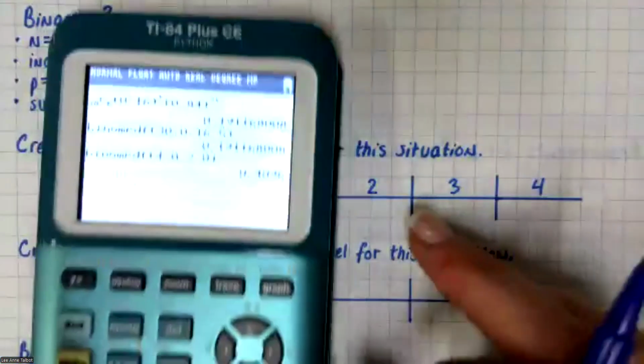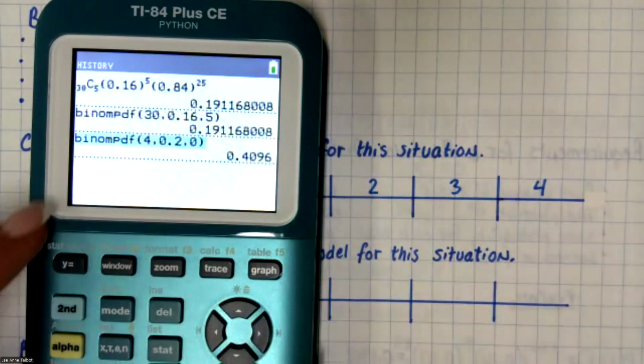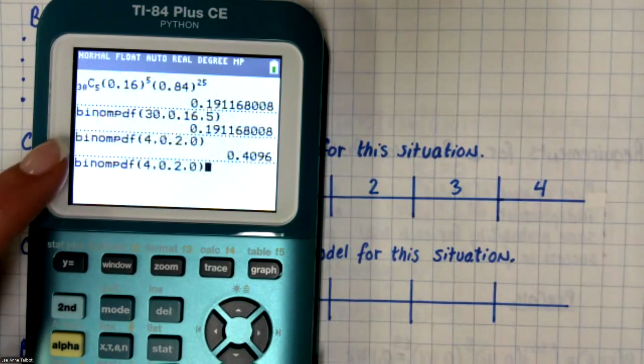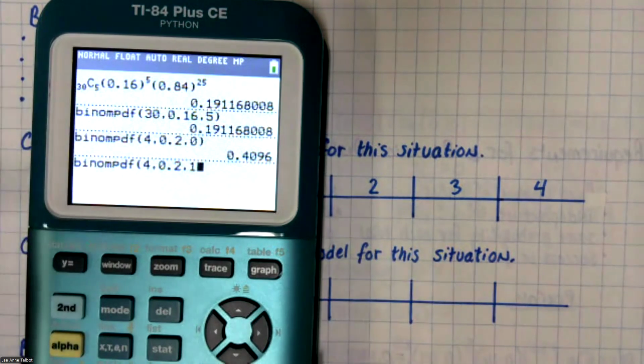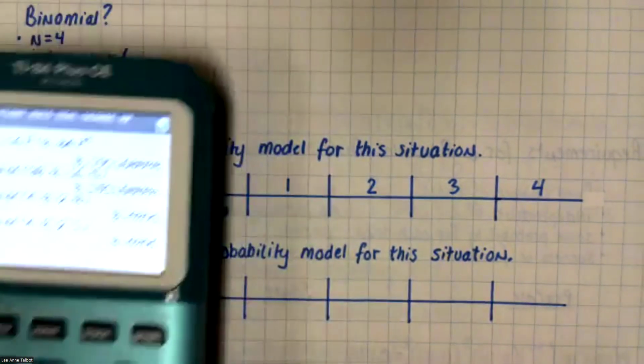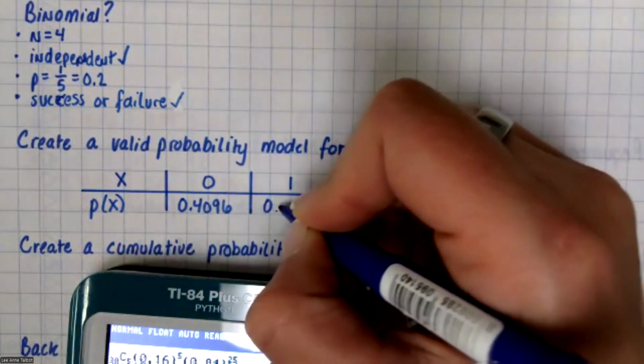Now let me show you a trick. You can scroll up in your calculator, hit enter, and change that to a 1. This is the same answer twice. That's not a typo or anything.